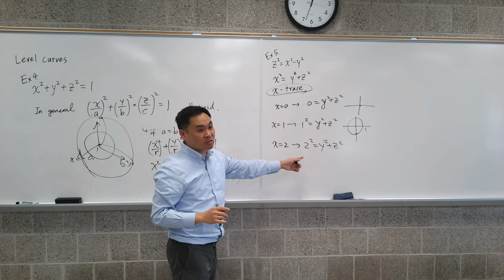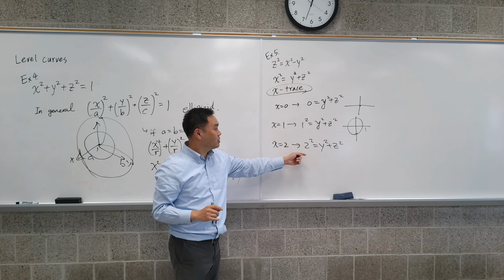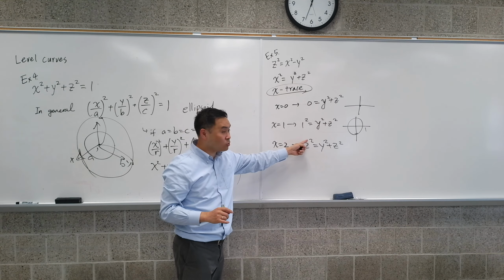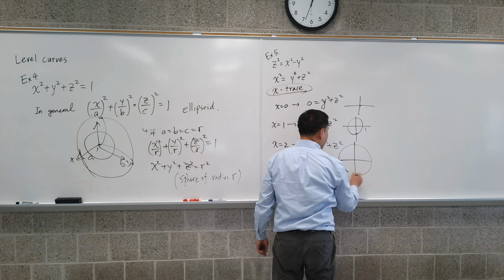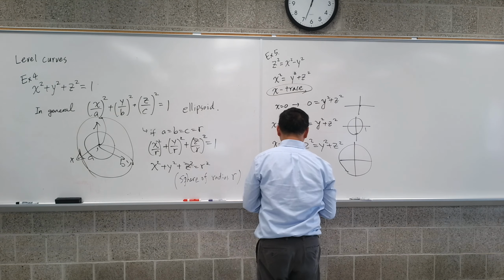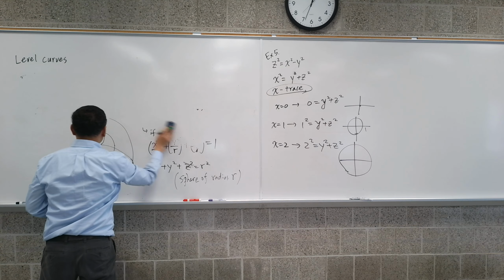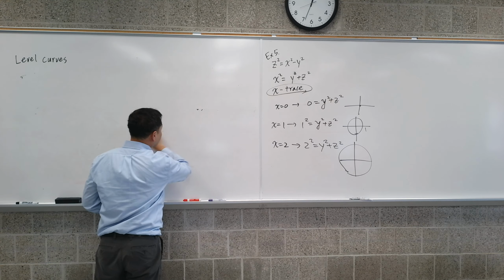What's the radius of this circle? 2, of course, right? 2 squared, so it's 2. So that means it's another circle, but twice bigger, okay? So if you look at the x trace, then you see that all the cross sections are circles.